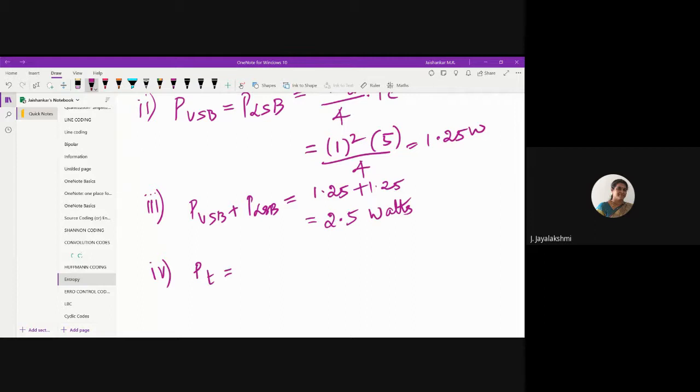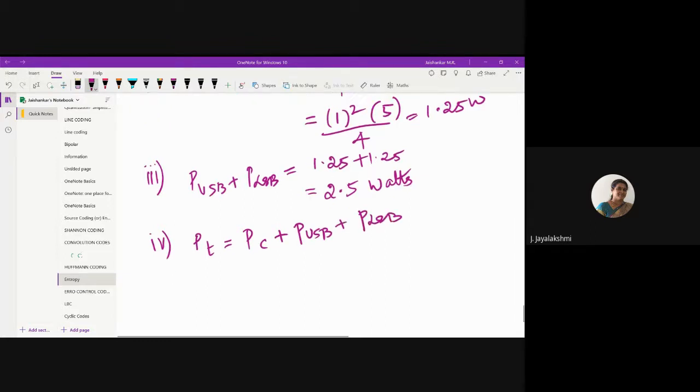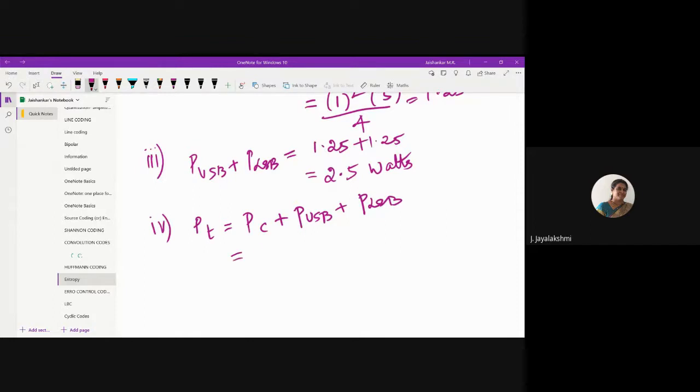What is total power? Carrier power plus upper sideband plus the lower sideband. Carrier power is 5, plus 2.5, which is going to be 7.5 watts. So this is the total power needed for the transmission.